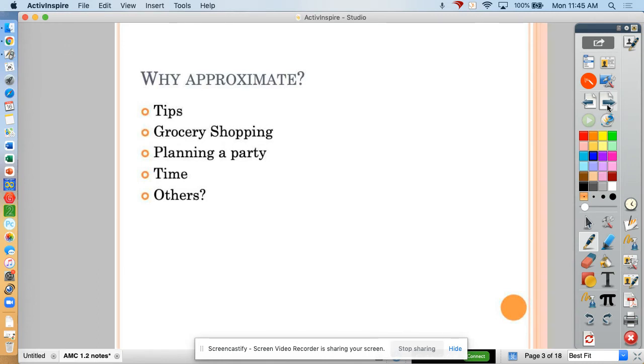So here are some examples of why you might use approximation. Maybe it's a tip and you had good service and you want to leave a big tip and you say, well, I'll leave 20%. How can you calculate that? Or maybe it was bad service and you want to leave a small tip and 10%. How could you calculate that?